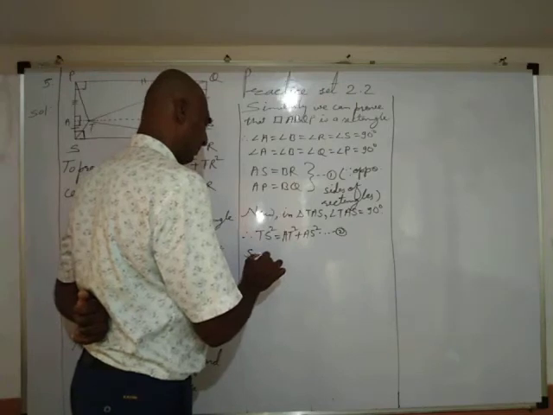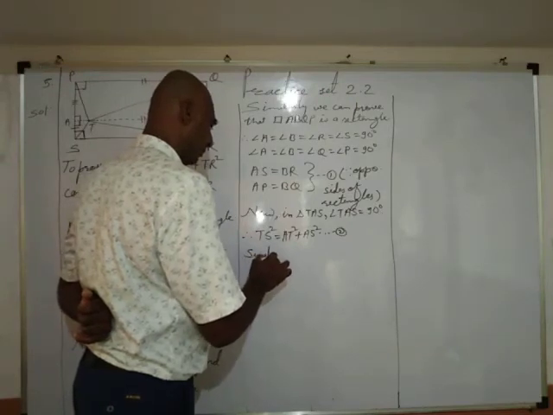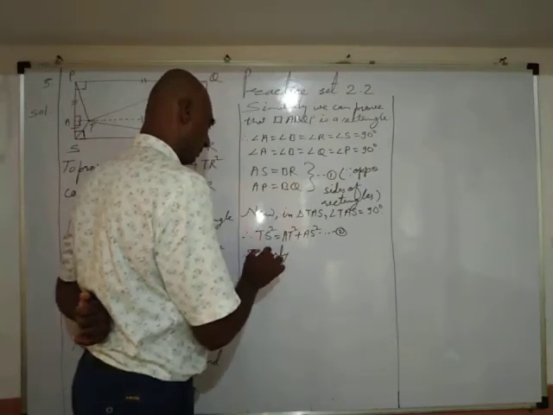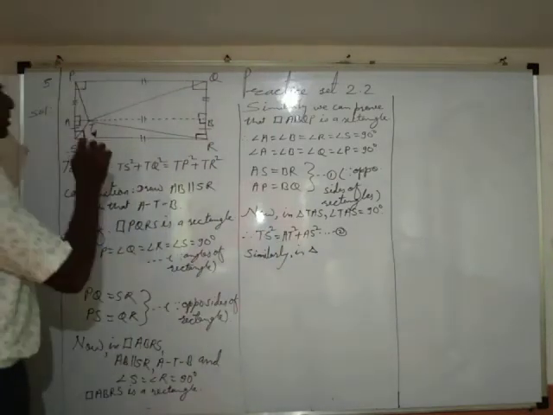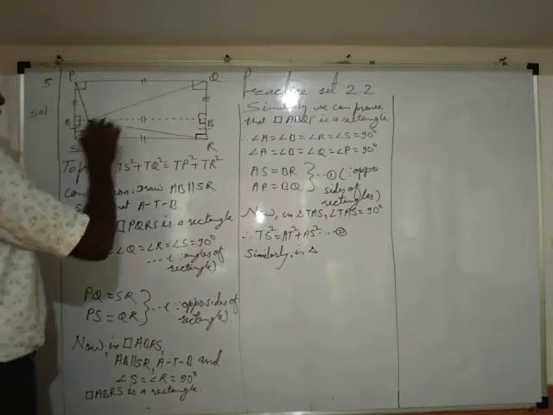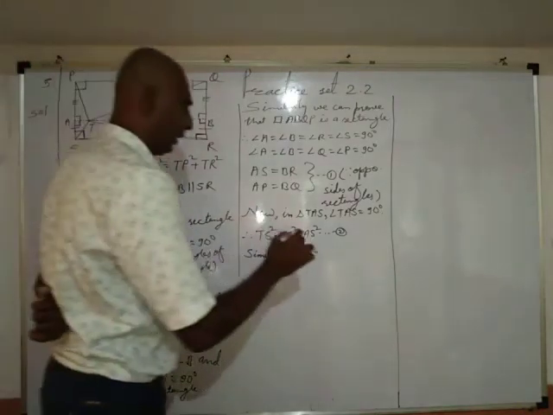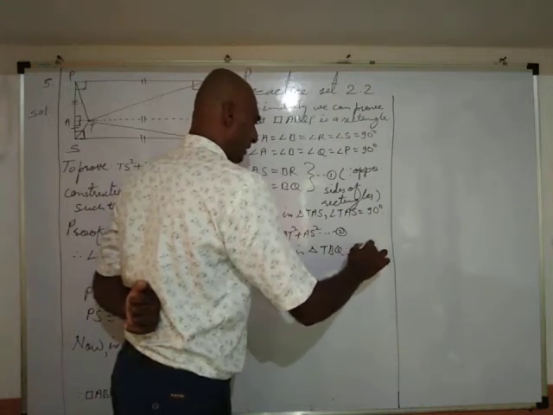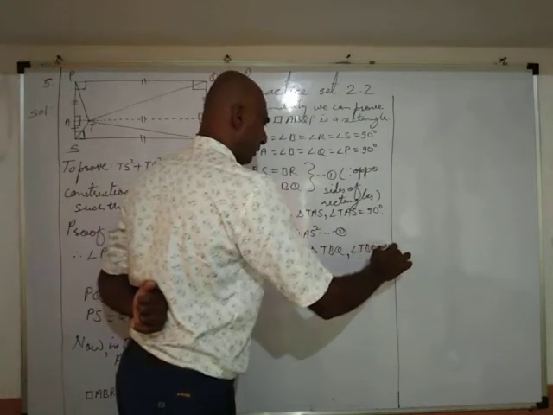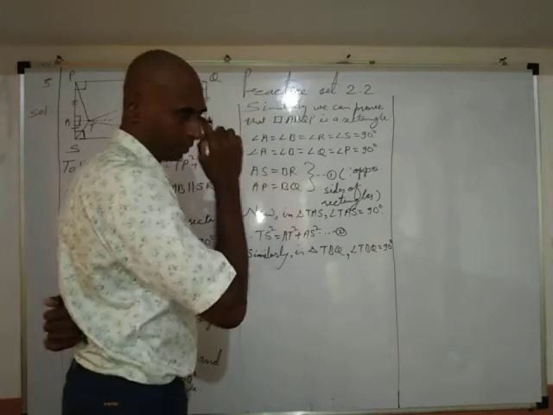Similarly, in triangle TBQ, angle TBQ equals 90 degrees.